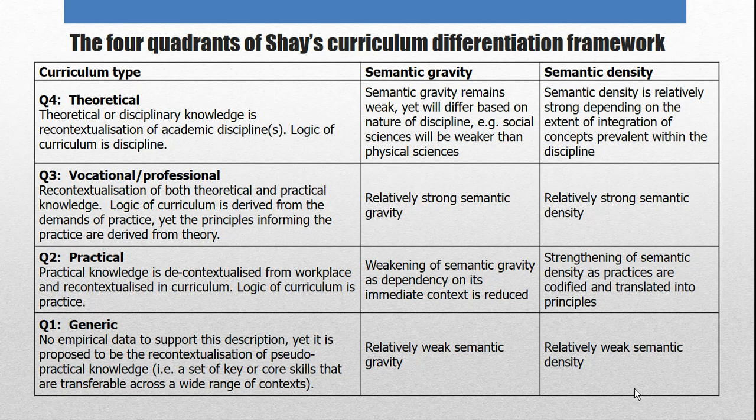Higher education should never have a curriculum that dominates in generic. That's a short course you do when you're in the workplace and you need note-taking skills or minute-taking skills or whatever, things like that. That's not the kind of stuff that a curriculum in higher education should ever be dominant in.